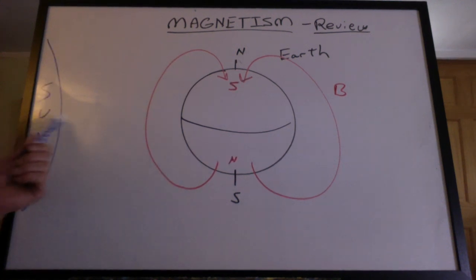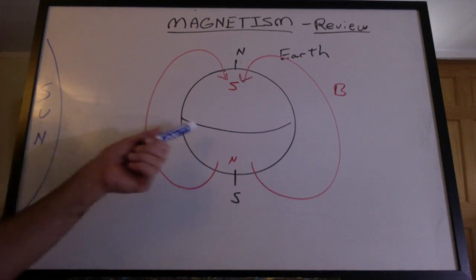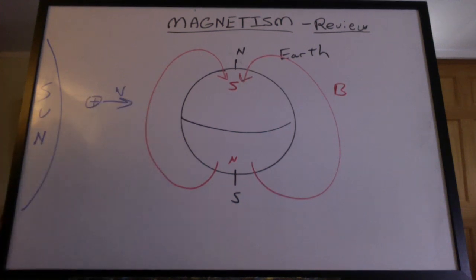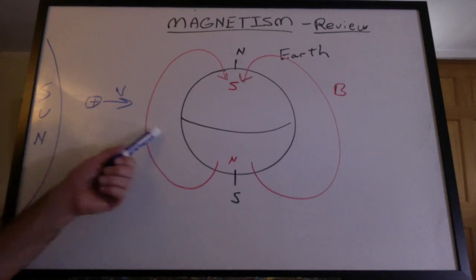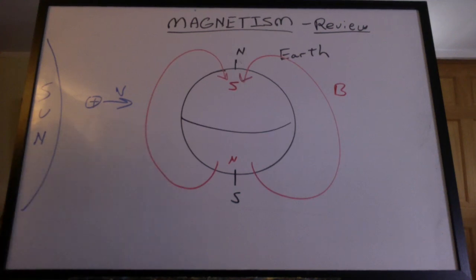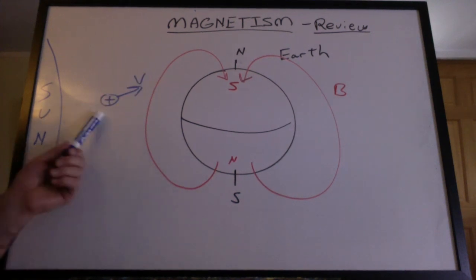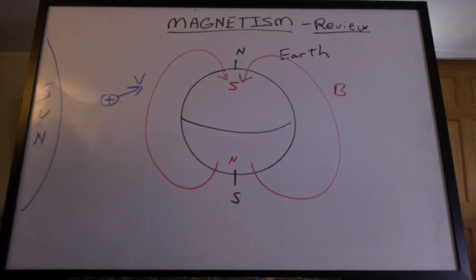The sun produces charged particles, the solar wind, that hits the Earth. These charged particles enter the Earth's magnetic field and they start to undergo circular motion. If a charged particle enters the magnetic field at an angle, it will undergo helical motion.